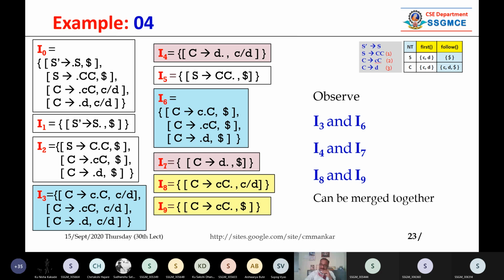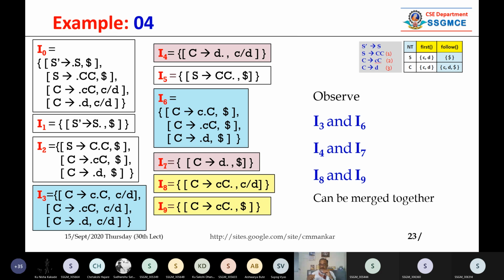But if a set contains 7, 8, 9 production rules and multiple look aheads, it is very hard to do manually. Luckily here only two terminals are there, small c and small d, and dollar is an extra item.